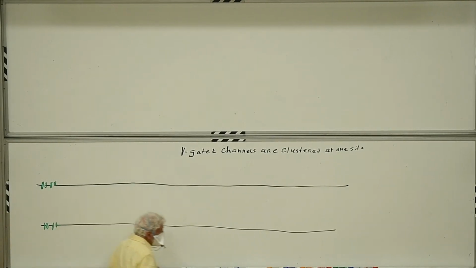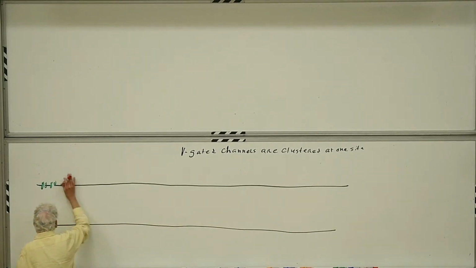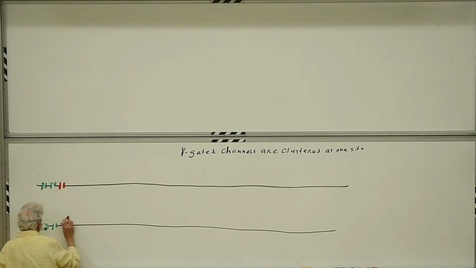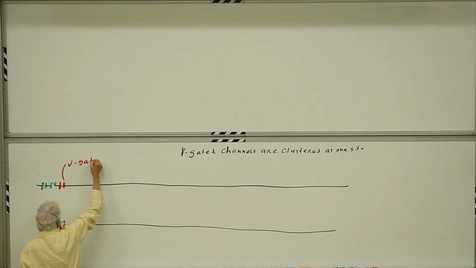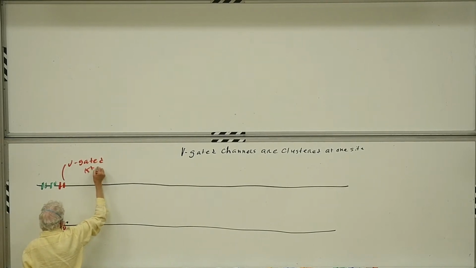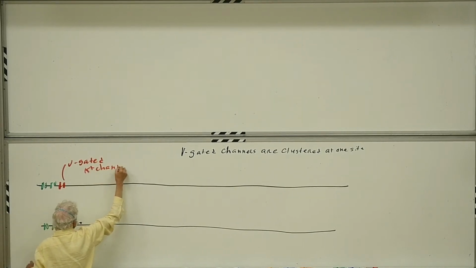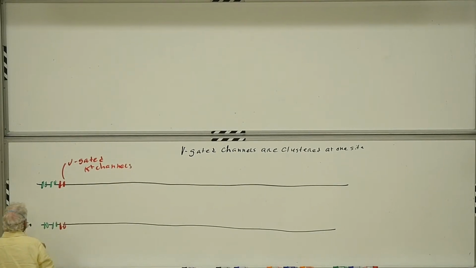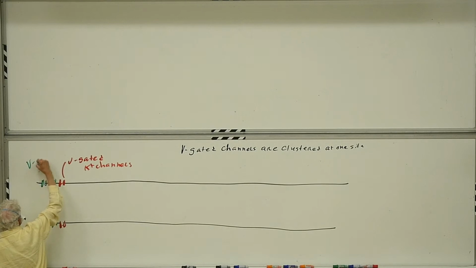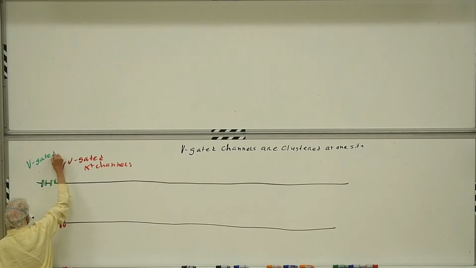And they will also be accompanied by their counterparts, the voltage-gated potassium channels. So these are the voltage-gated potassium channels. And the green ones are the voltage-gated sodium channels.